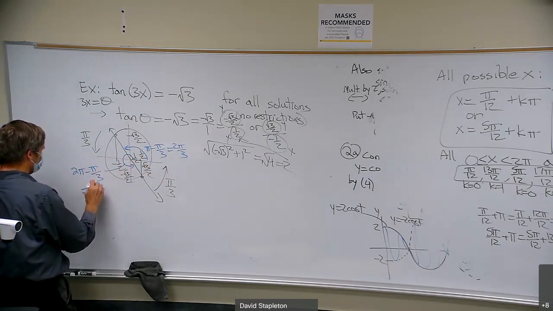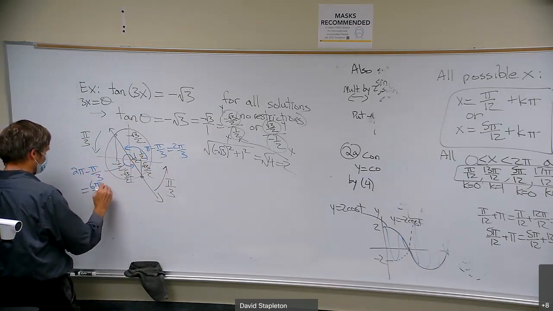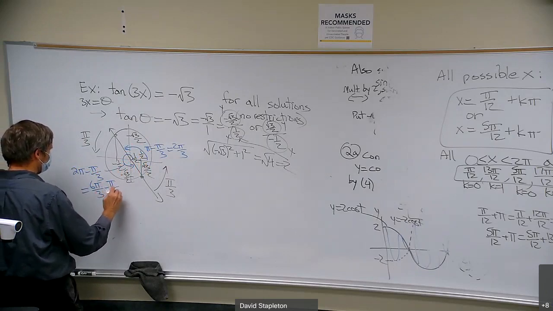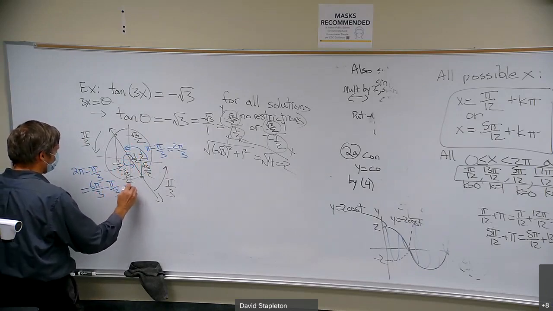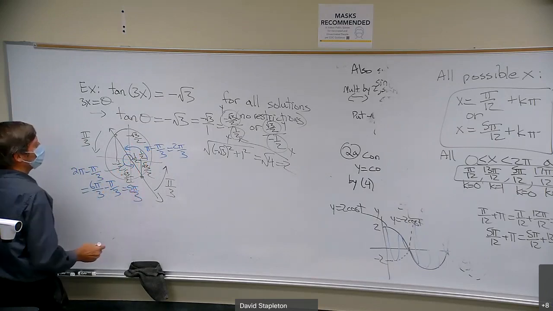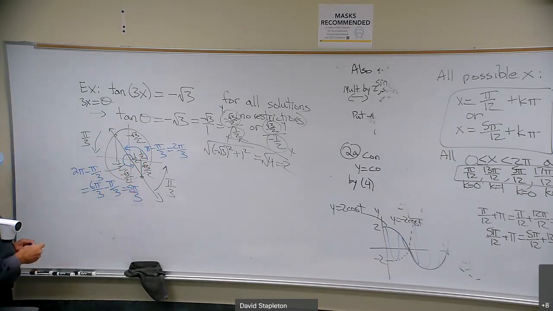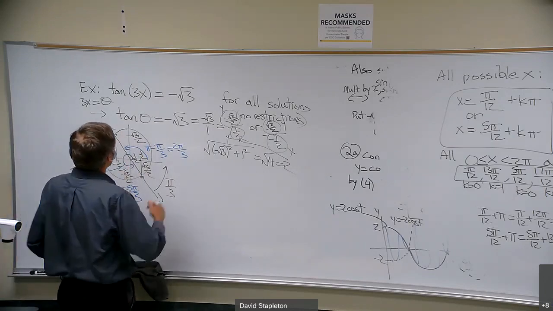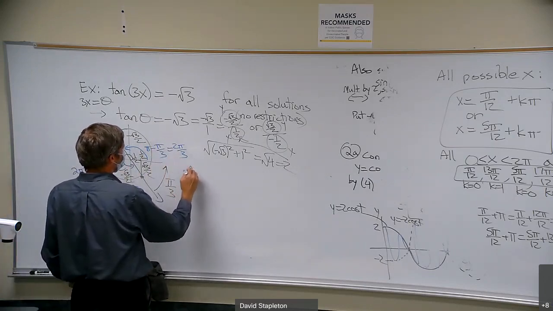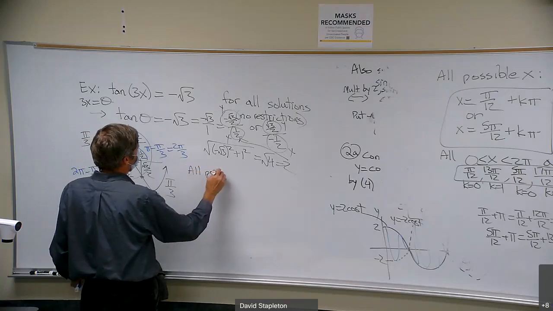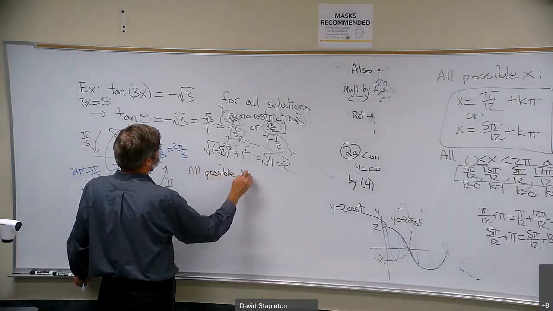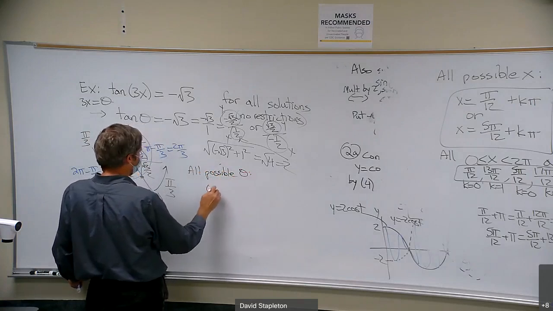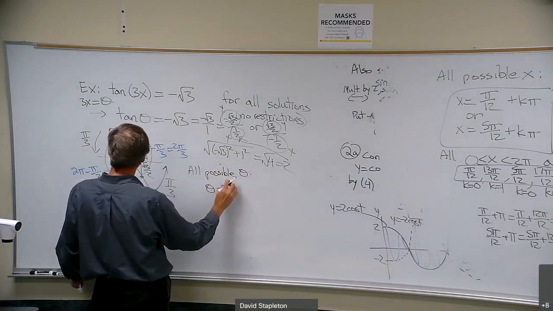Again, doing quotients, you have to put them over a common denominator. 6 pi over 3 minus pi over 3. Oh, it's 5 pi over 3. There we go. Well, I have exactly 2 values of theta within one rotation that make tangent theta equal minus square root 3. And I'll say all possible theta are, well, this one, 2 pi over 3.